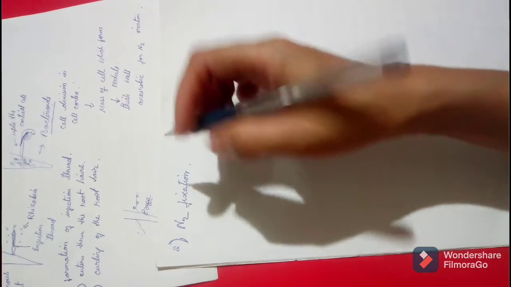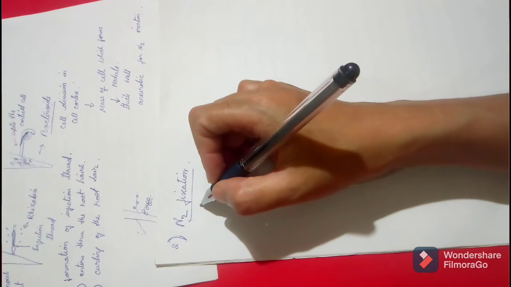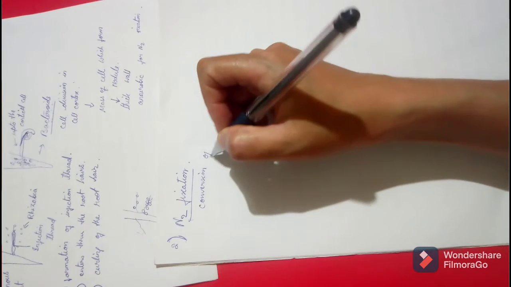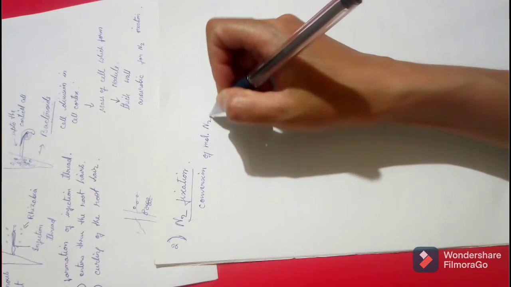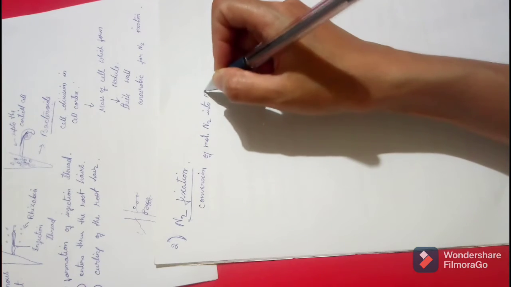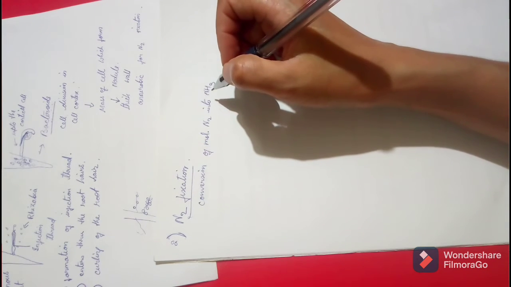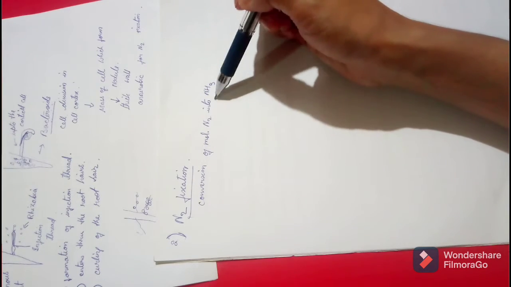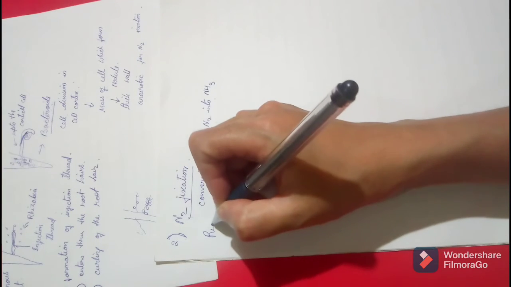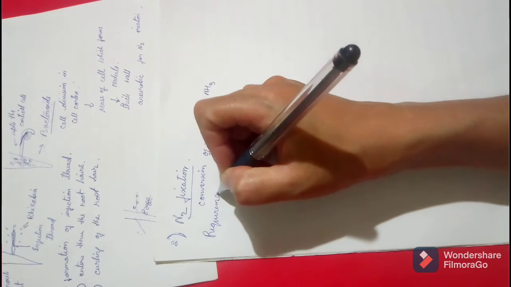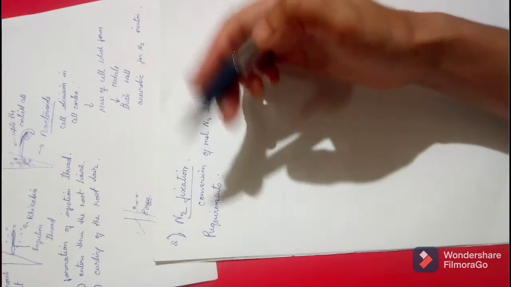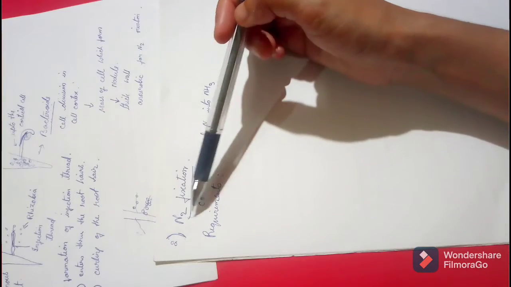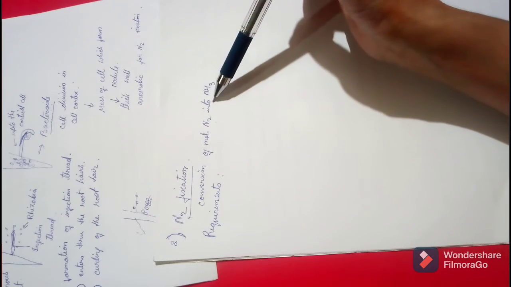Now in nitrogen fixation, I had already mentioned that it is the conversion of molecular nitrogen into ammonia, right? So now let us take a look at the requirements which are needed by these microbes, the Rhizobia, to convert this molecular nitrogen into ammonia.